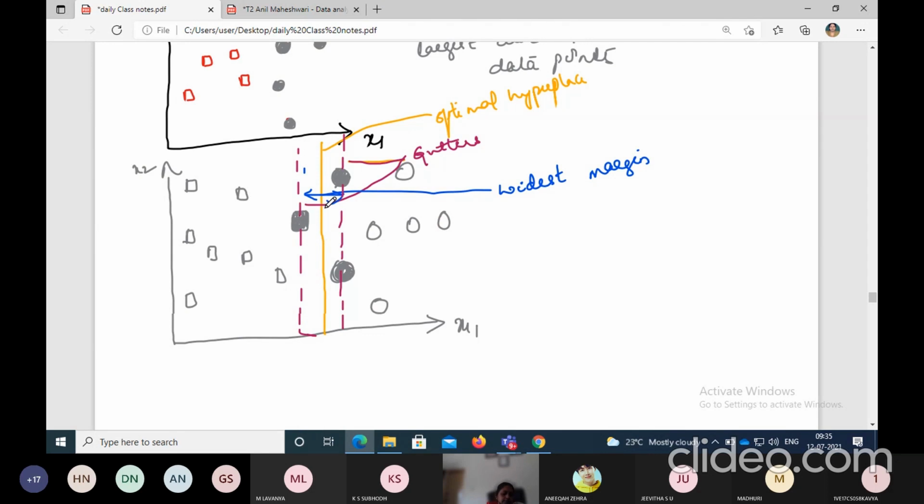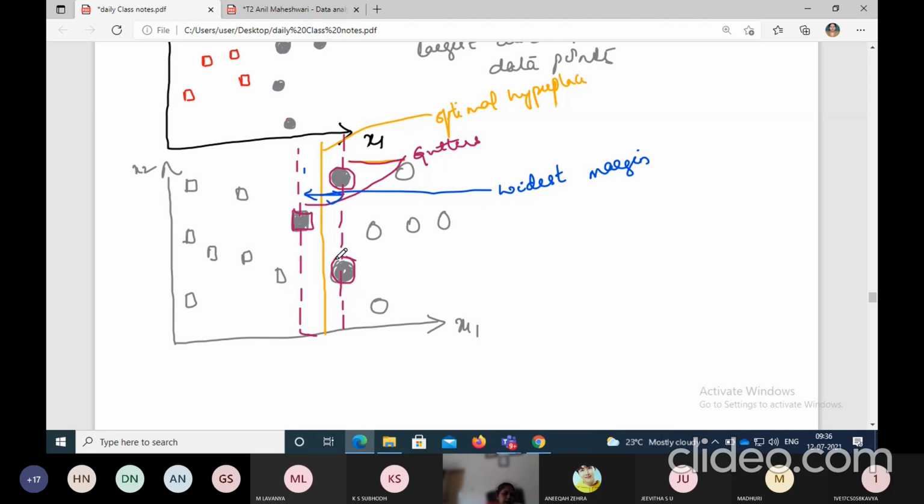The classifier, the hyperplane, is defined by only those points that fall on the gutter. So which are the points falling on the gutter? This is one point falling on the gutter, this is another point falling on the gutter, and this one square or rectangle falling on the gutter. So the classifier is defined by only those points that fall on the gutters on both sides.